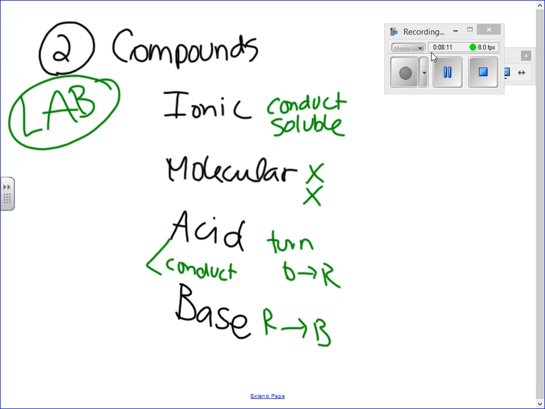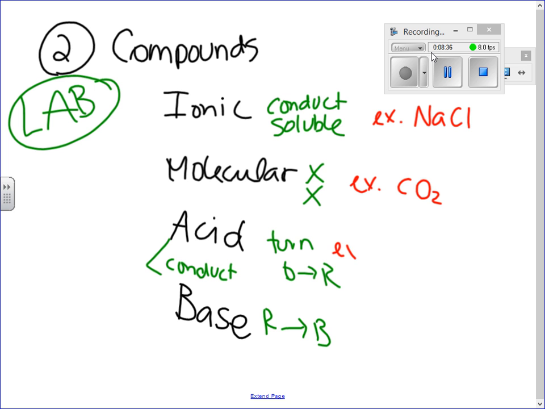The other thing that your lab asks you to do is associate an actual formula with the properties that you came up with. So remember, an ionic compound should have an anion and a cation. Usually that means a metal and a non-metal. A molecular compound should have only nonmetals.